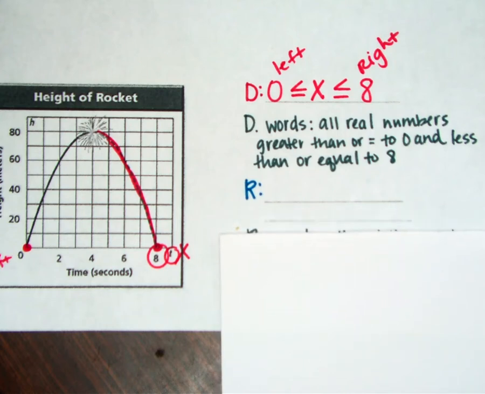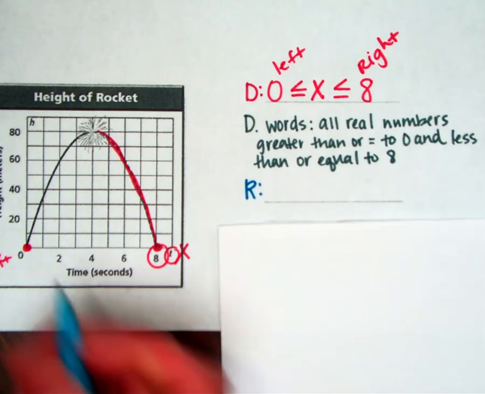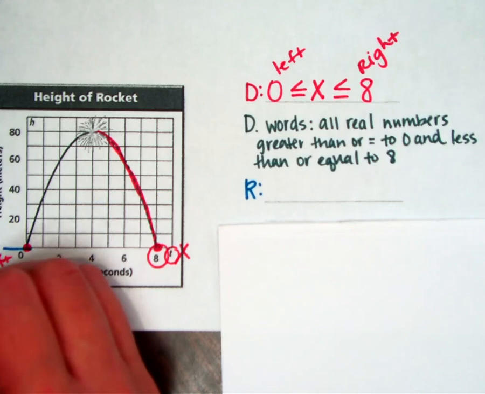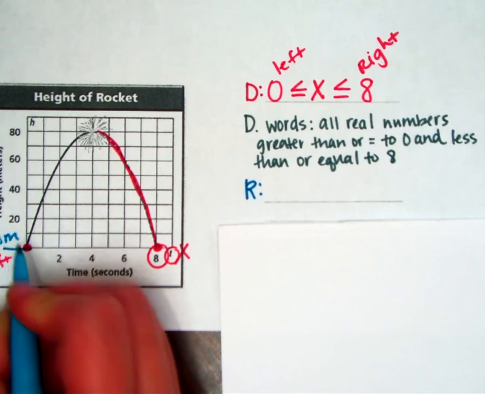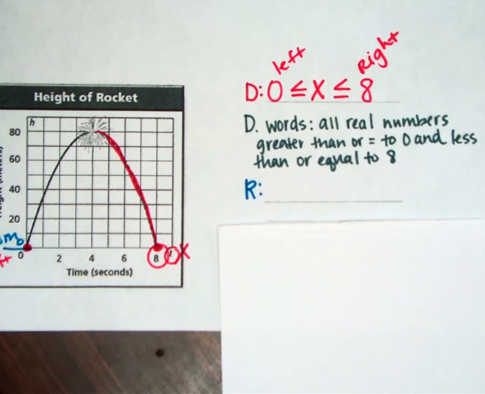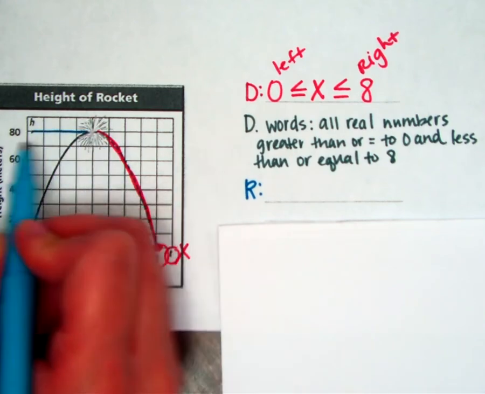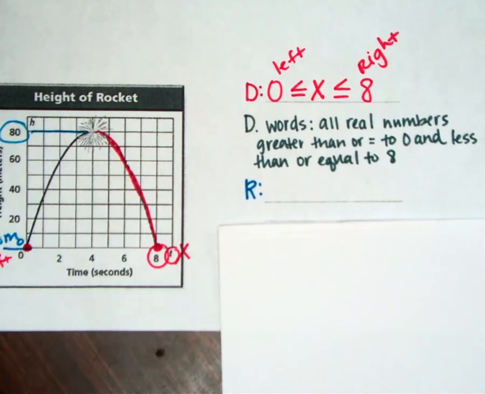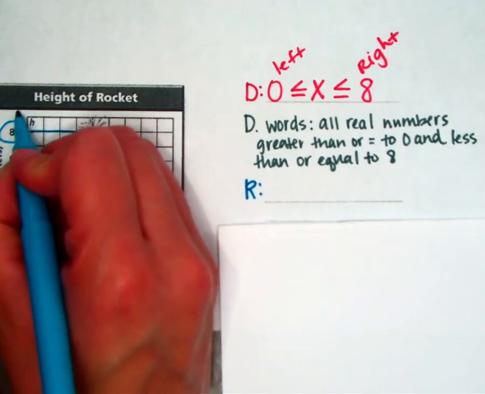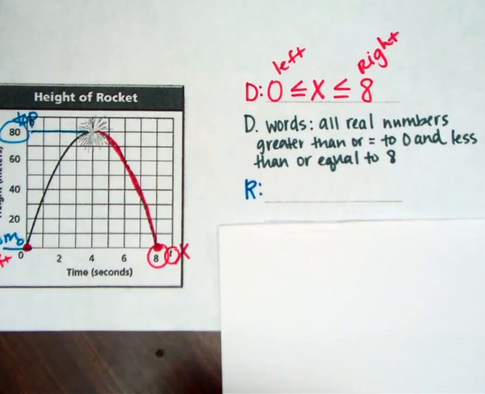For your range, you're looking at your graph from the bottom of your graph. So this is your bottom. It begins at 0 for the y values, all the way to the top of your graph when this rocket explodes. So at 80, this is the top of our graph.